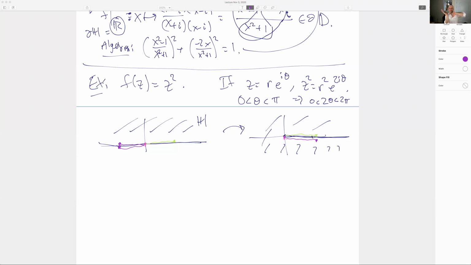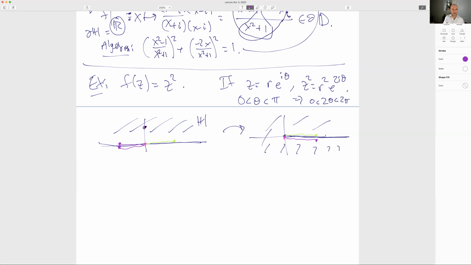I can't do it with my hands. That straight line gets folded like this into the largest region on which this map is 1-to-1. Does that make sense, Ishan? So that's why you can't take the disk neighborhood.